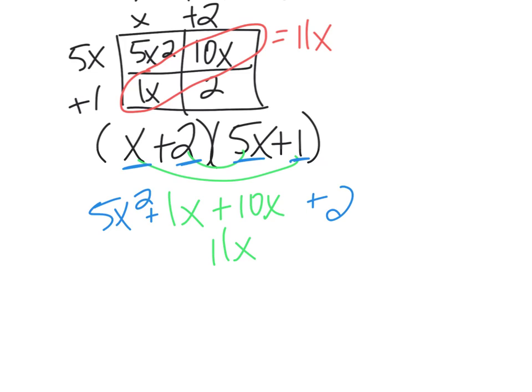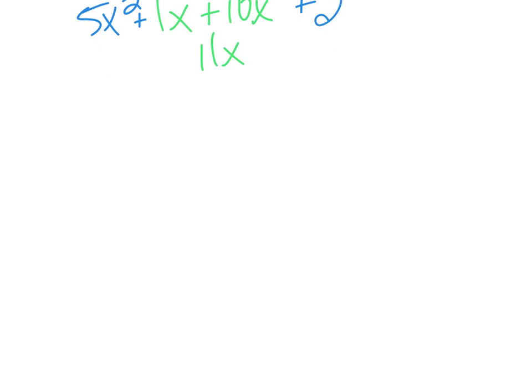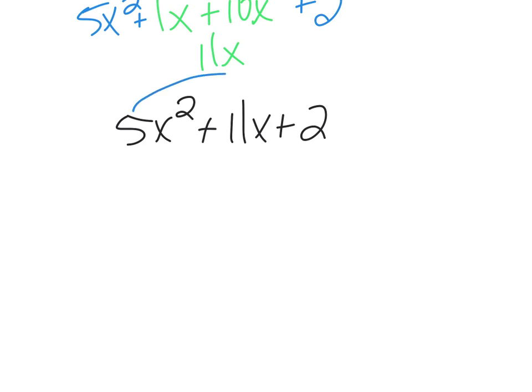All right, so let's look at how to do it the slide and divide way, as they call it. Okay, so let me just write down the problem again. What they say to do is multiply a times c, so 5 times 2.